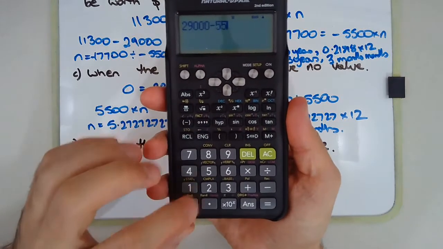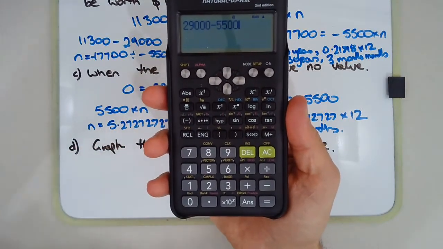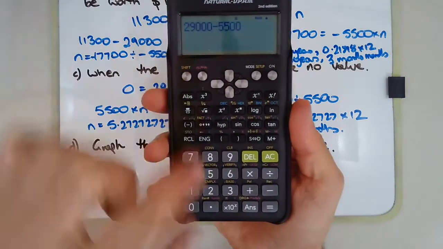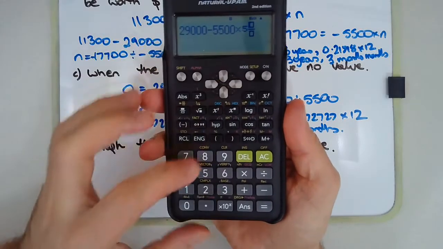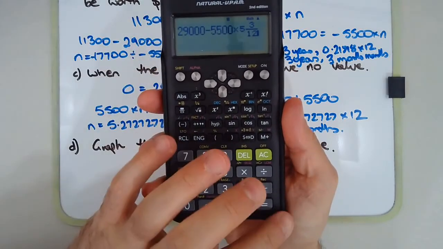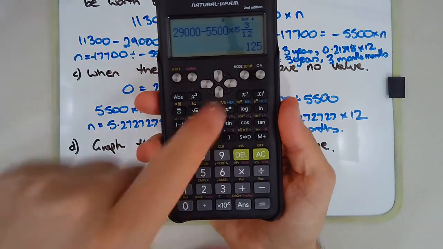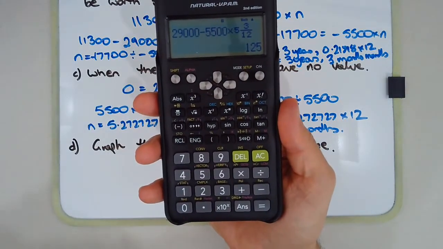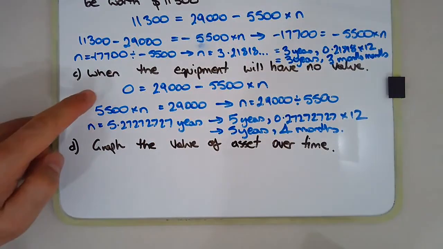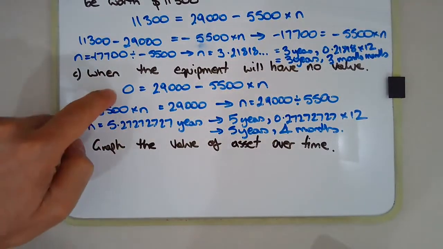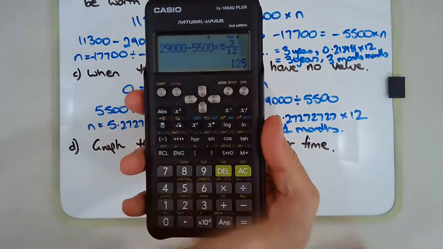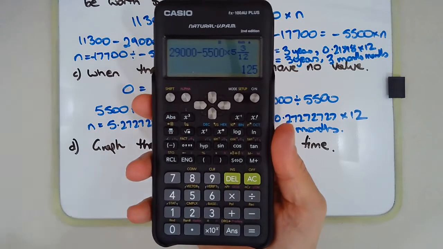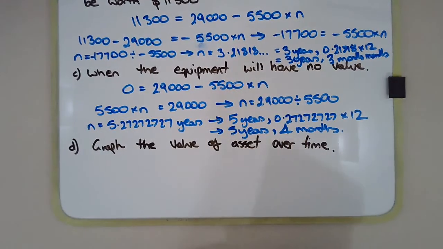If we then take away 5 years and 3 months worth of depreciation, so 5 years and 3 out of 12 months, we still get $125 left in value. That's not zero. The question is clearly asking when the equipment will have no value. So it's after the 4th month when even the little bit of value that the equipment has evaporates altogether, and then we end up with zero value. So just be careful with this one.